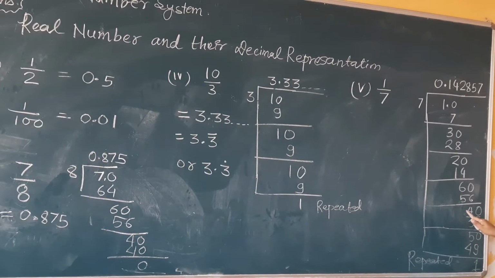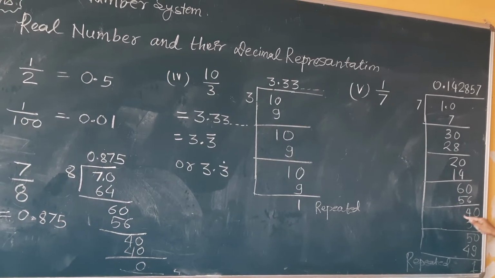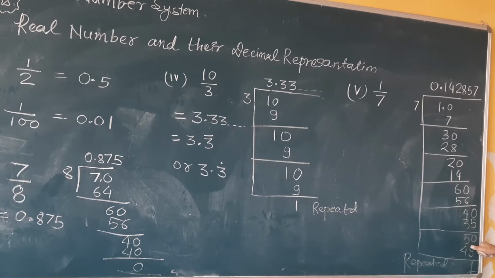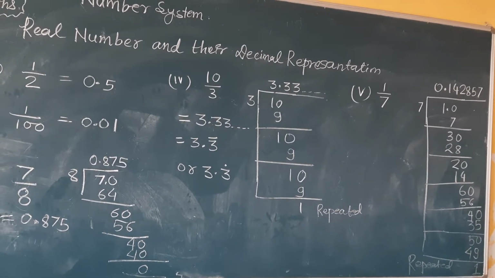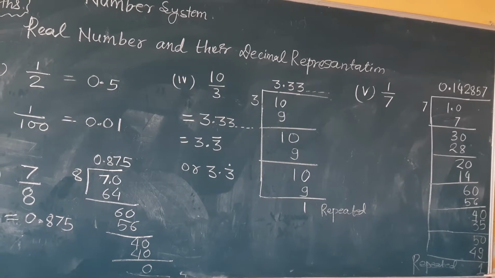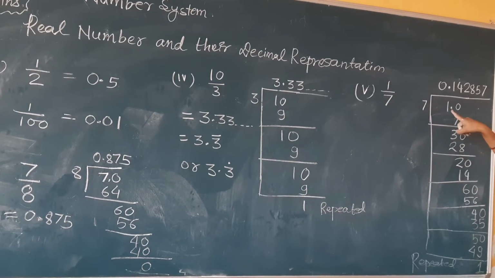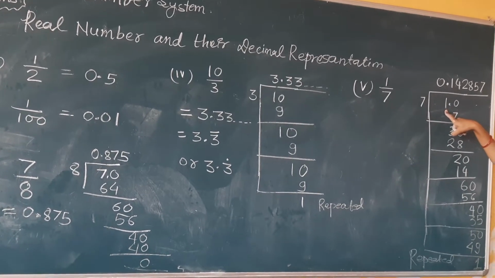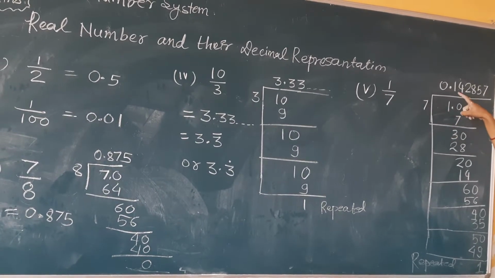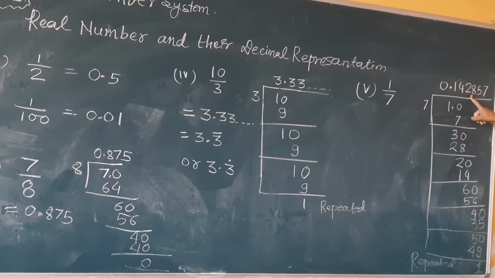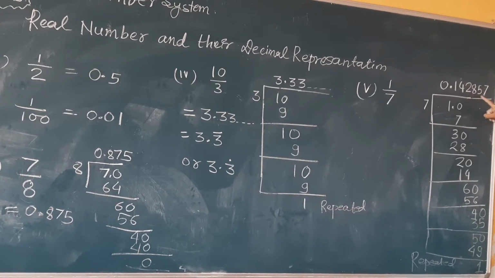Then we divide, we get remainder 4. After division, we get remainder 5. Then again we divide, and our remainder is 1. So our remainder is 1, which means we reached the first step. If we divide again, these numbers repeat again.